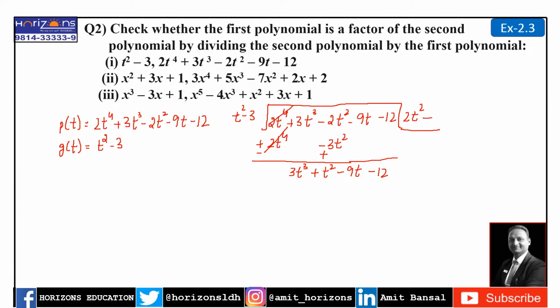So t square into plus 3t, 3t into minus 3 is minus 9t, again placing the relevant terms under each other, t square minus 12. So to make t square equal to t square, we just have to multiply it by 1, and 1 into minus 3 is minus 3.